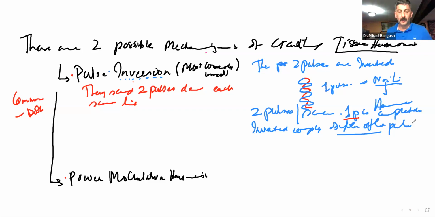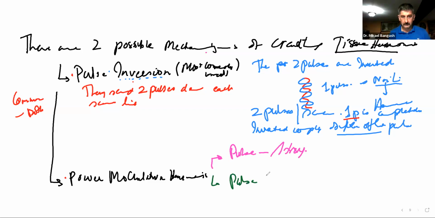In this case, again, it's going to be 2 pulses for each scan line. But what we mainly can say here is that 1 pulse is going to be strong, whereas the other pulse is going to be weak.